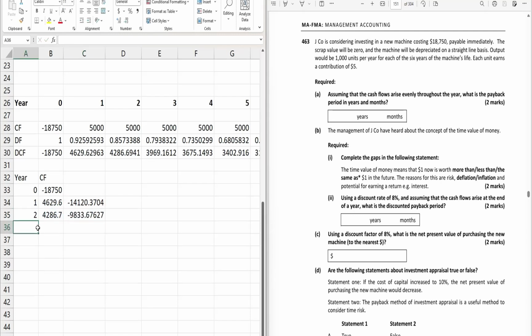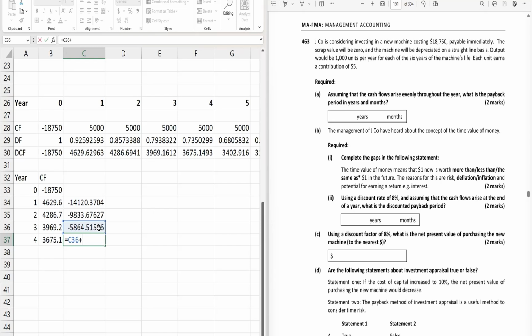Okay, now again we will go towards year 3, and here it is. So this plus this. All right, so again we are in the negative. Whenever we get the positive value, we will stop there for the calculation of the year and the month.